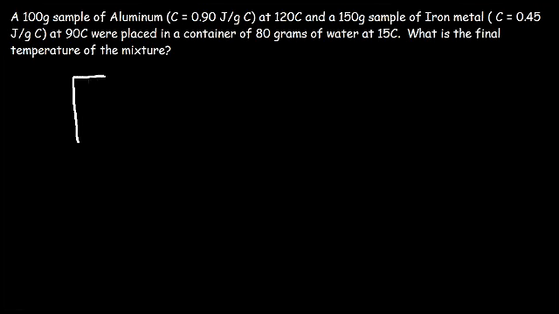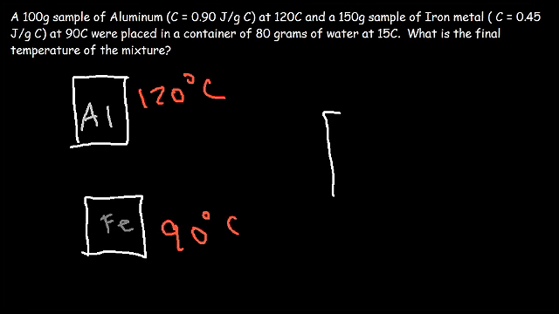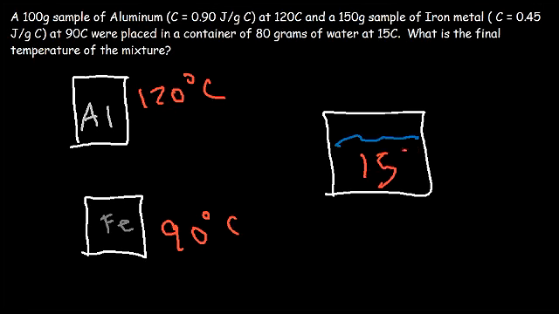So let's say if this is aluminum metal, and if we have iron metal. Now we know aluminum metal is at a temperature of 120 degrees Celsius, and iron metal is at 90 degrees Celsius, and the sample of water is at 15 degrees Celsius.